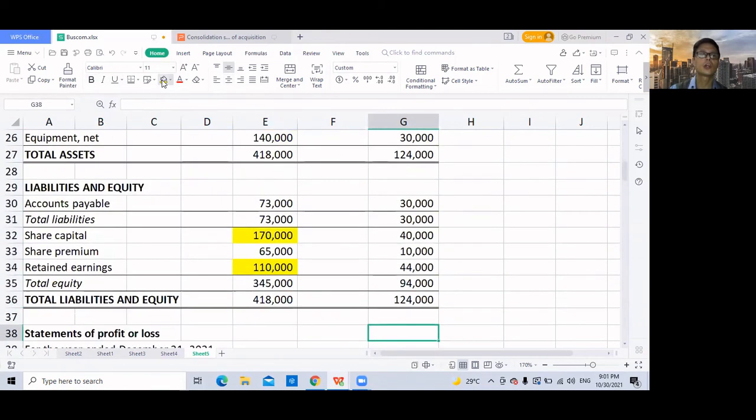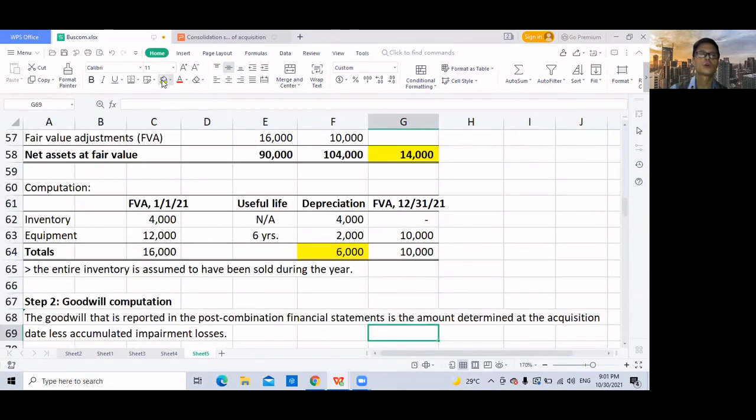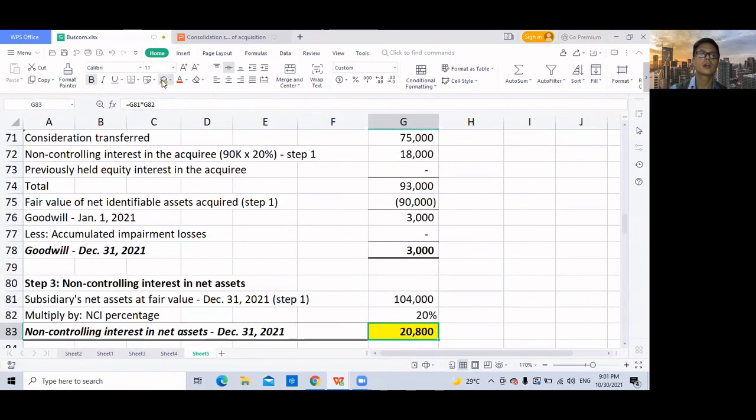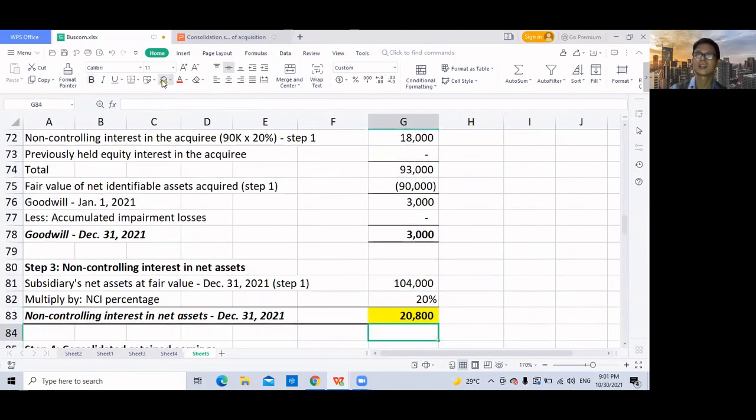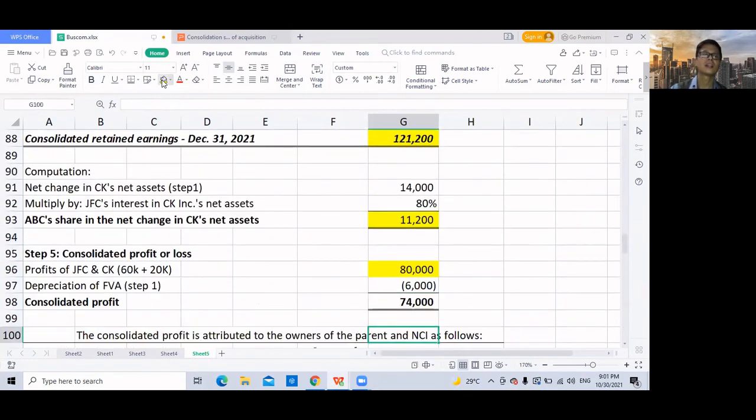Number 2 is the computation of goodwill. Number 3 is the non-controlling interest in net assets. Number 4 is the consolidated retained earnings. And the last step, step number 5, is the consolidated profit or loss.